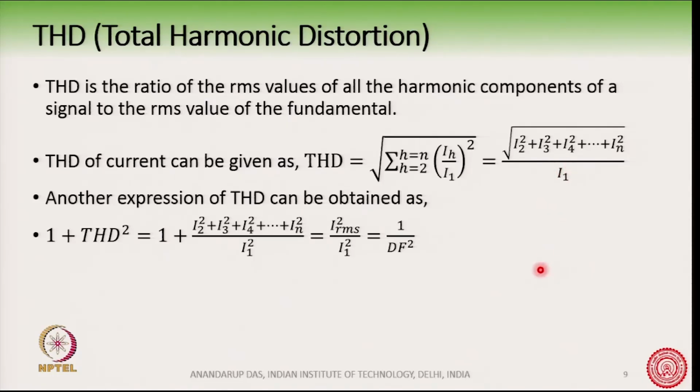This is another quantification of the harmonics present in the input current. THD and distortion factor are related to each other. You can just put the values: 1 plus THD square is 1 by DF square. You can see this relationship.